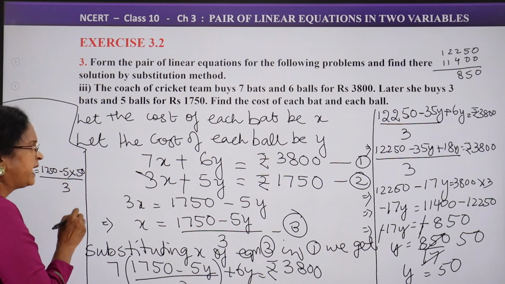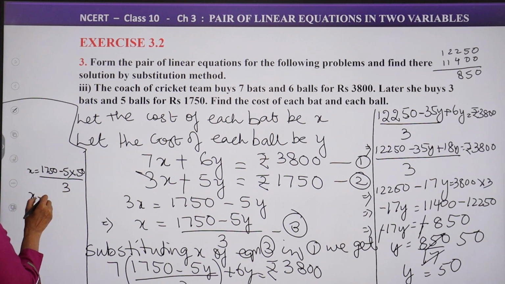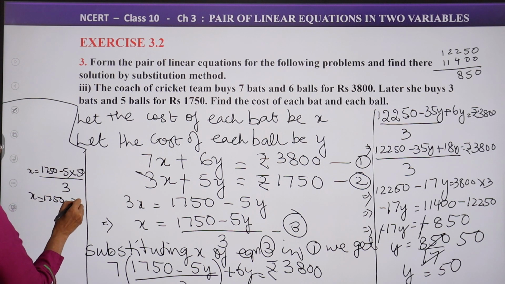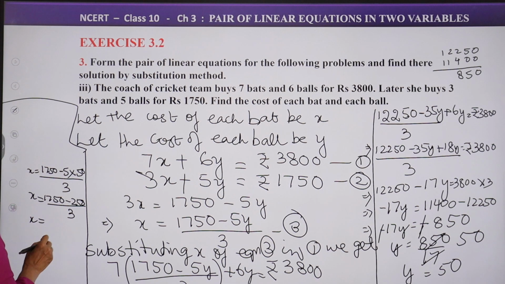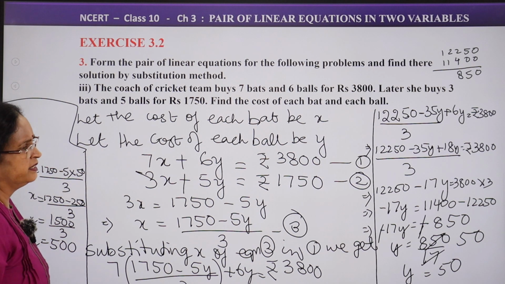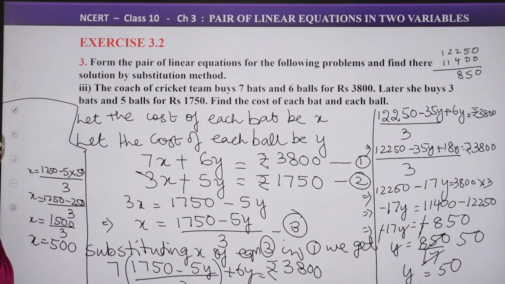Now, what do we get? X is equal to 1750 minus 250 whole by 3. X is equal to 1500 by 3. X is equal to 500. Alright, so x is 500 and y is 50.